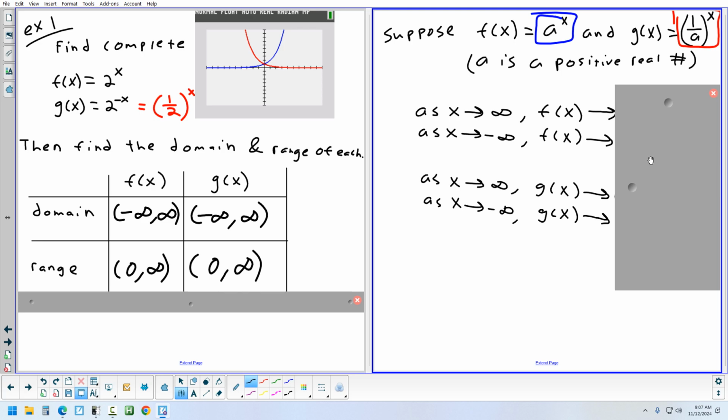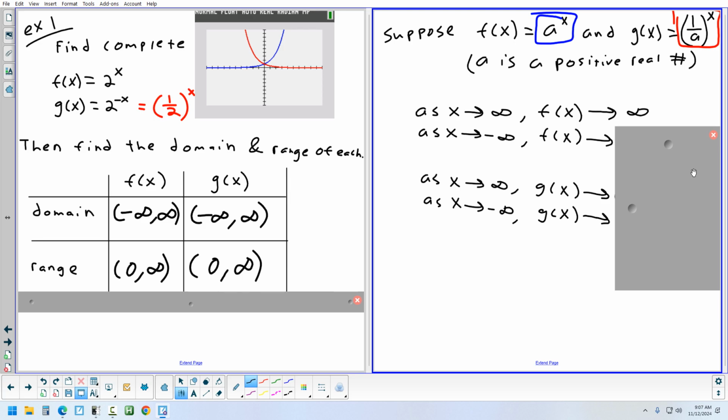For graphs that look like the blue one, as x approaches infinity, what does f of x approach? No, not for the blue type of graph. Infinity. It approaches infinity, yeah.